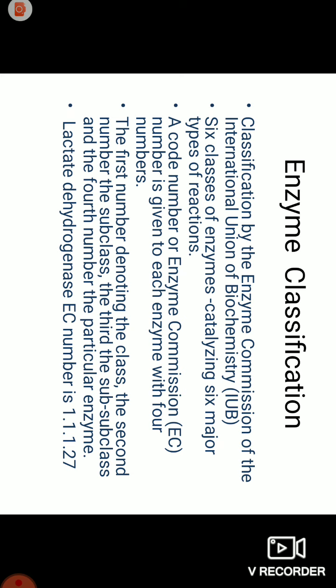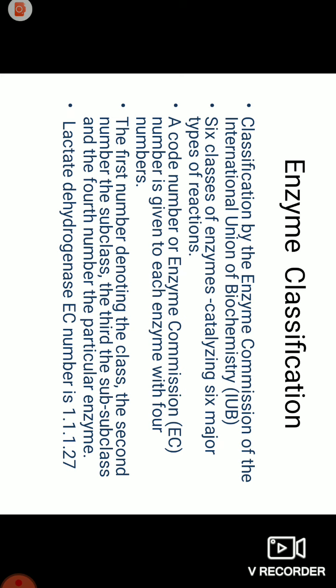The first number, 1, denotes the class to which lactate dehydrogenase belongs, and the second number, 1, denotes which subclass it belongs to, and the third number, 1, denotes which sub-subclass it belongs to, and the 27th member of that group is lactate dehydrogenase.